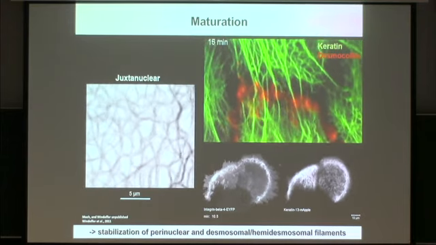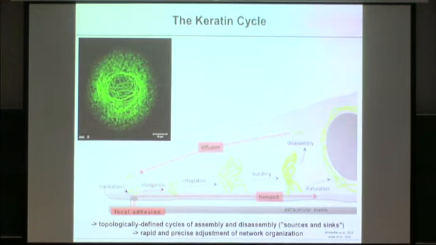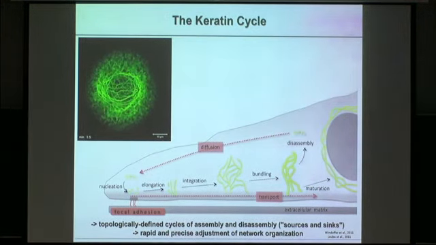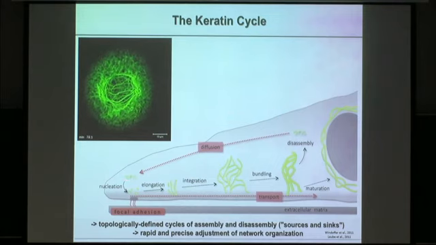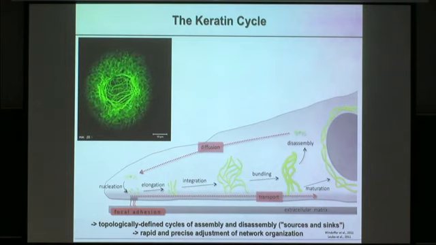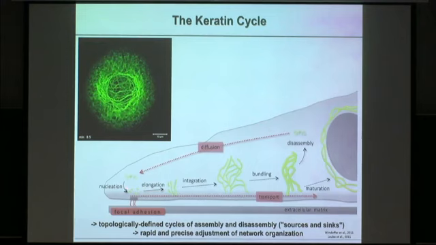So we put all these data together in a scheme that we refer to as the keratin cycle, which is fed by diffusible subunits, or also subunits that are produced through biosynthesis, of course, which will nucleate preferentially in the cell periphery close to focal adhesion sites.